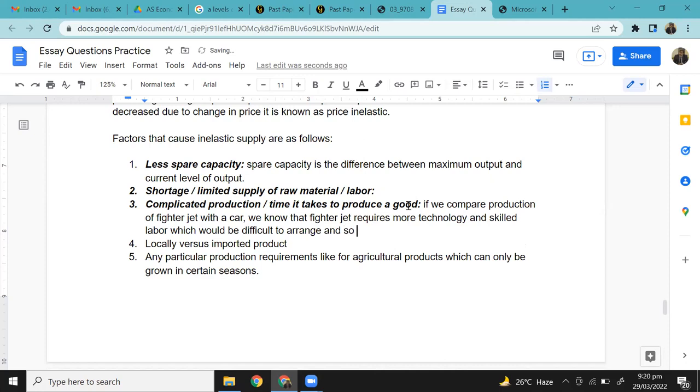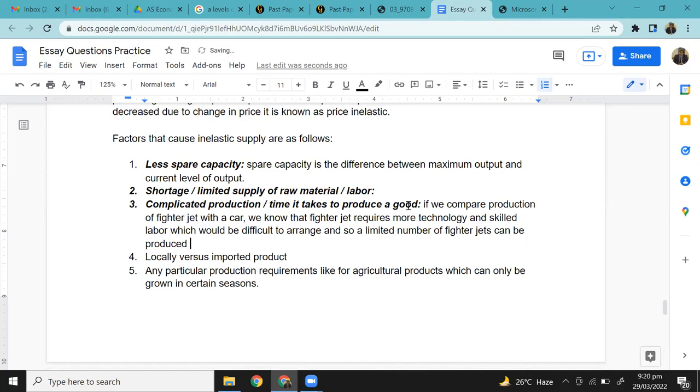So a limited number of fighter jets can be produced within a certain time period. This is making sense, right?